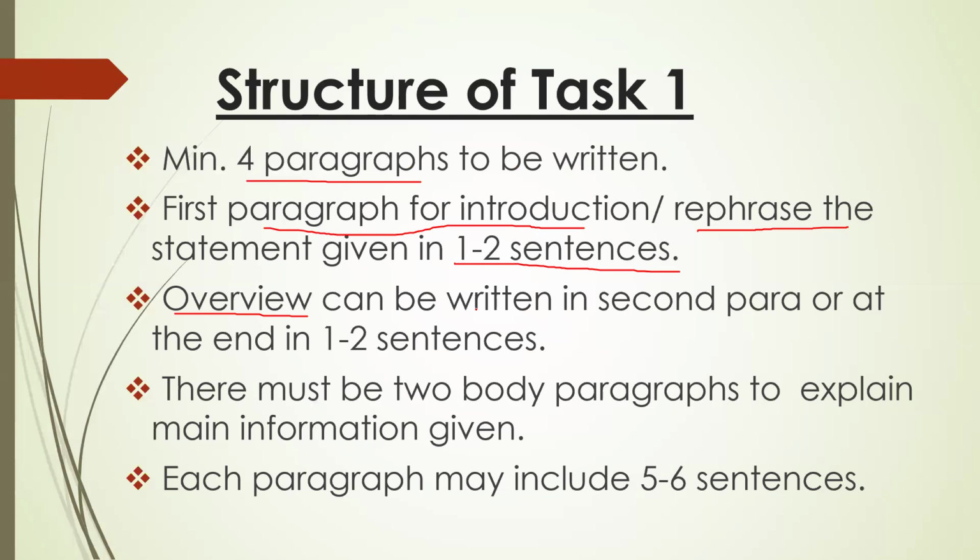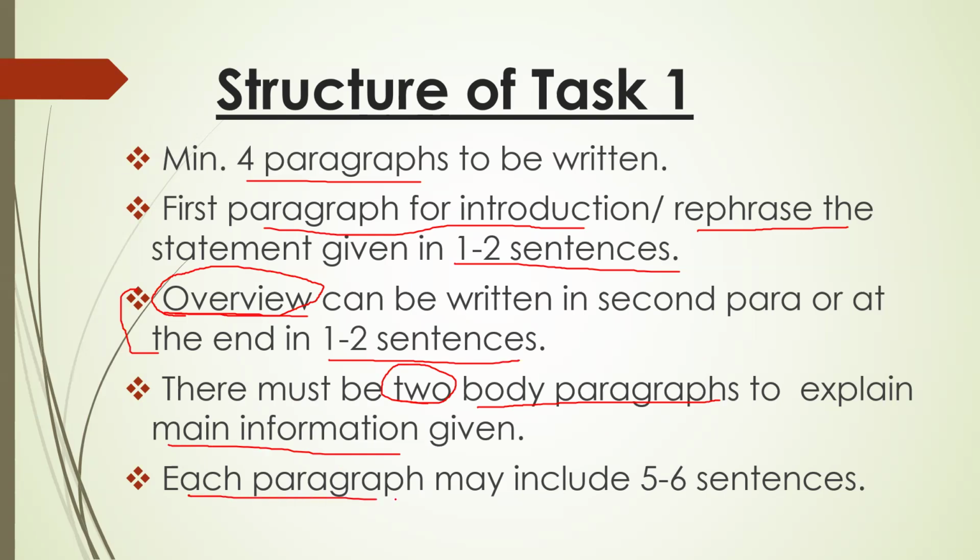In that paragraph, you write 1 or 2 sentences summarizing the task overview. This overview can be written at the end as well, meaning the fourth paragraph can also be made for the overview, or it can be at second place. After that, there will be body paragraphs. If you're making 4 paragraphs in total, at least 2 paragraphs should be body paragraphs, where you will explain the information given in the task.